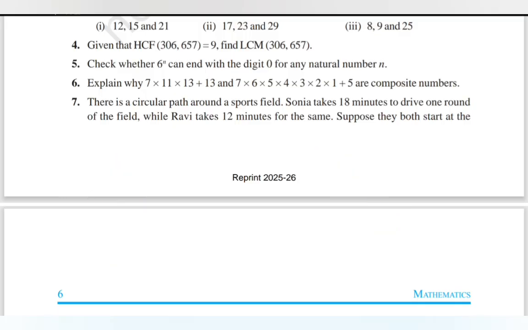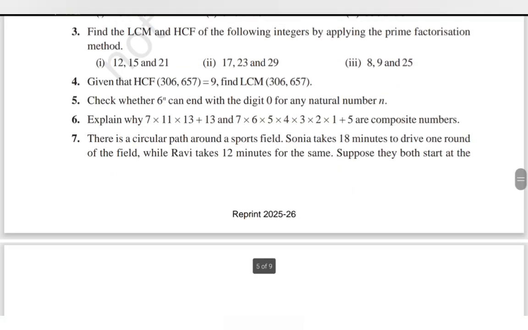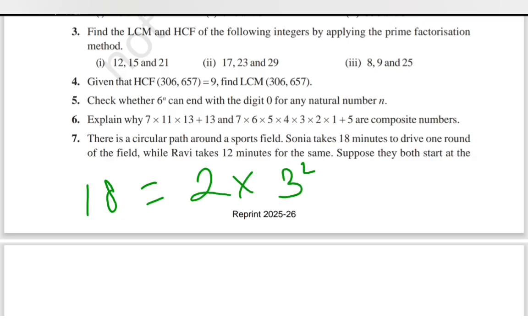So the prime factorization of 18 is 2 into 3 square, and 12 will be 2 square into 3. So this is the prime factorization.